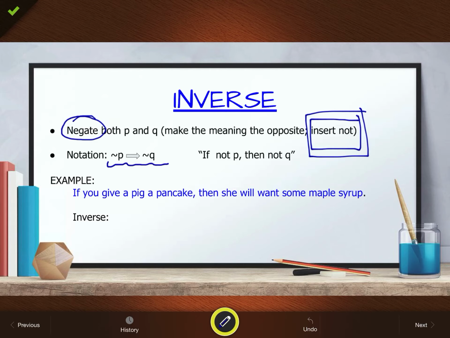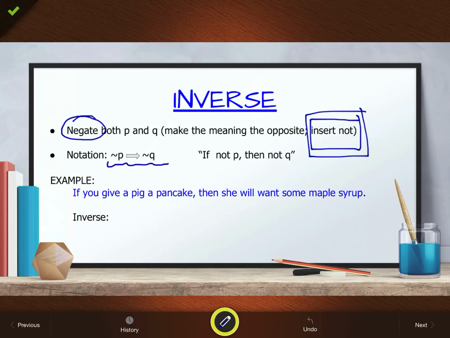But right now, we just have to learn all of the symbols and how they work before we can go there. How we actually read that, because we don't say squiggle P, arrow squiggle Q, is we say, if not P, then not Q. And again, that sounds really weird, but that's how we say it.